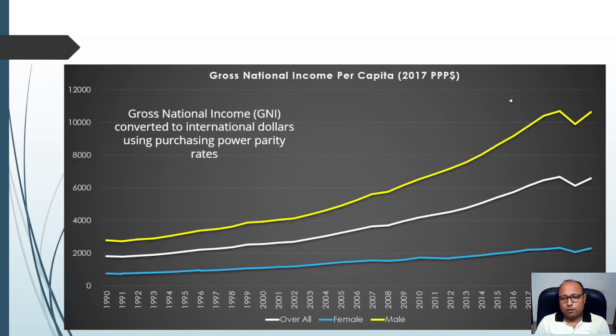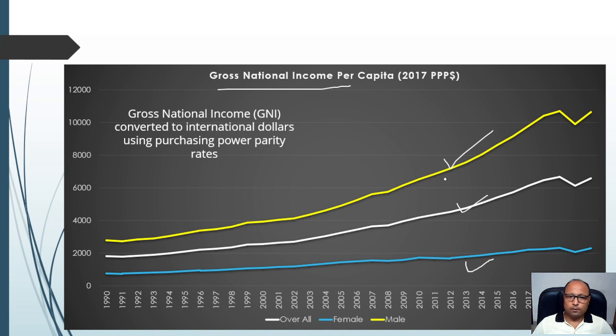If you look at gross national income, now this is a striking figure for me. Gross national income per capita, and this yellow line indicates GNI for male, this blue line indicates GNI for female, and this white one is for the overall average. Here there is a striking difference, and over a period of time the gender gap in terms of gross national income is increasing.